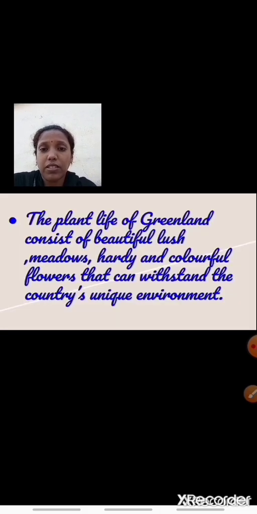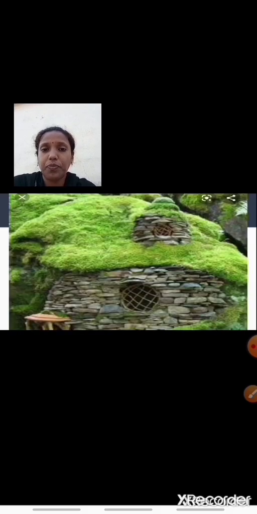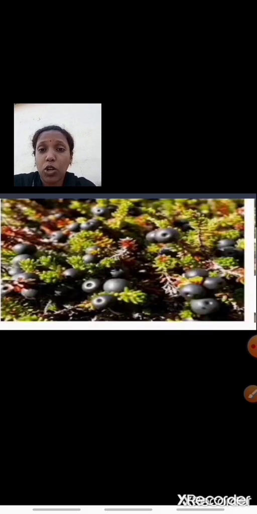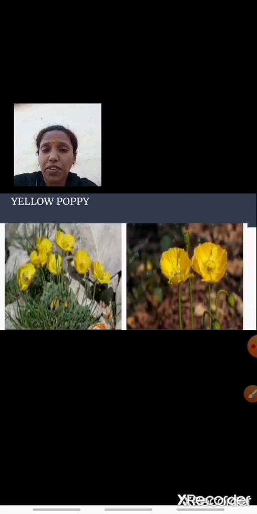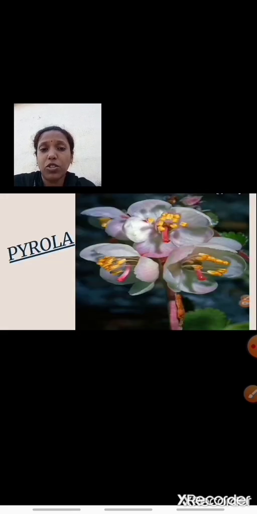The plant life of Greenland consists of beautiful lush meadows and hardy colorful flowers. There are also crowberries, and flowers such as yellow poppy, pedicularis, which is also called elephant head, and pyrola. These are varieties of flowering plants gifted by nature to the people living in Greenland.